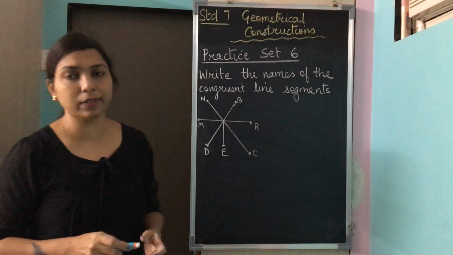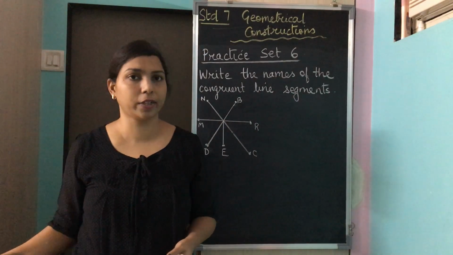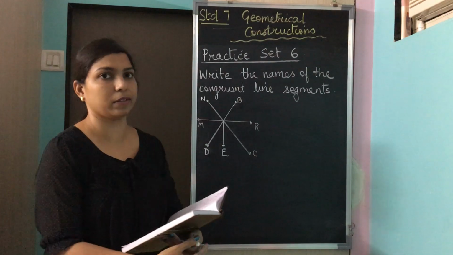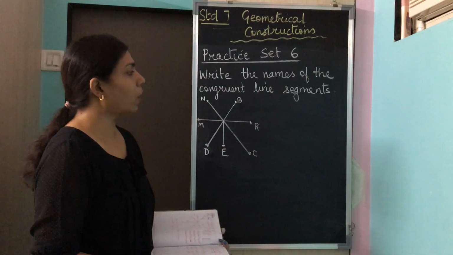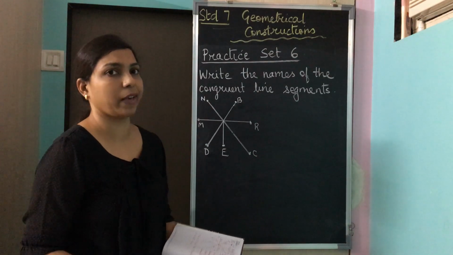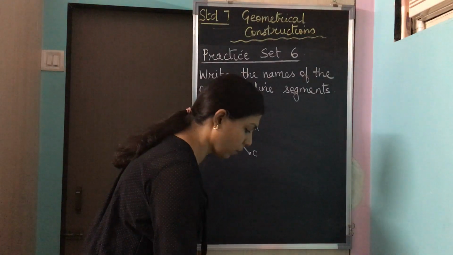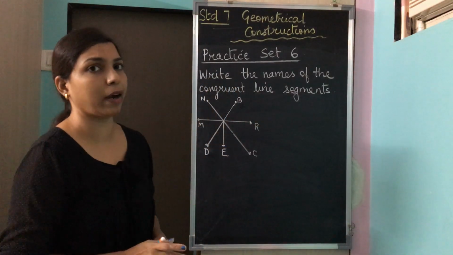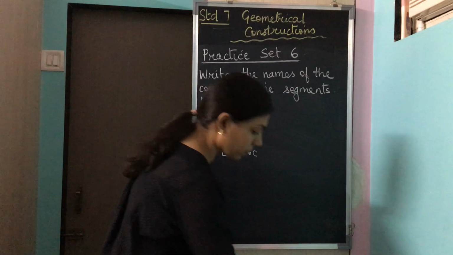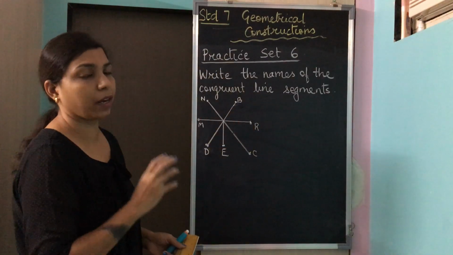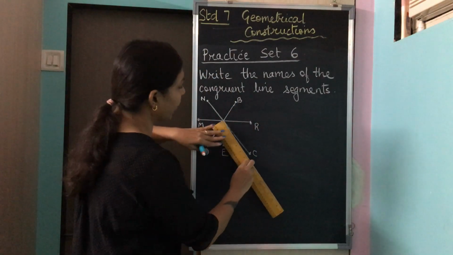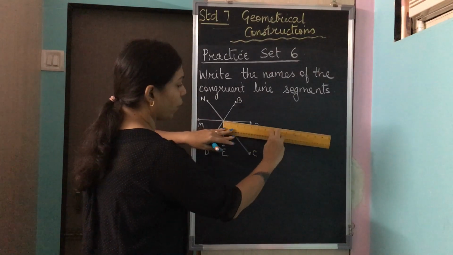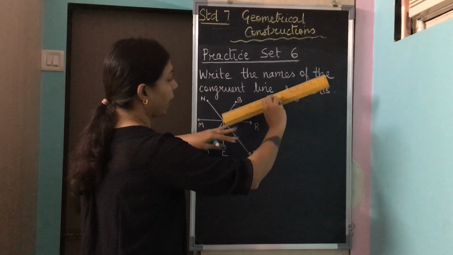Okay, so children, this is the diagram which is present in your textbooks for practice set 6, the first question. Now, how will you tell which segment is congruent to the other? For that, the first thing you have to do is take your rulers, keep it on your diagram in the textbook, and find out the measurement for each of these line segments.